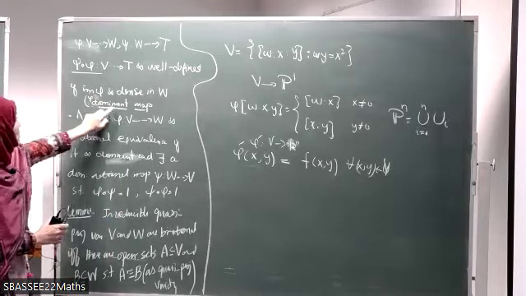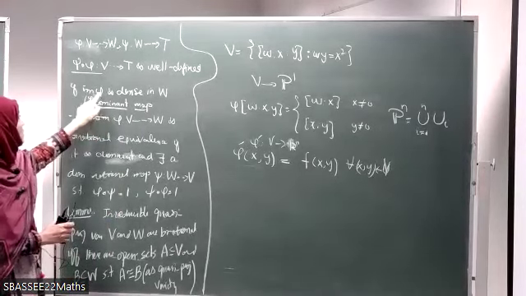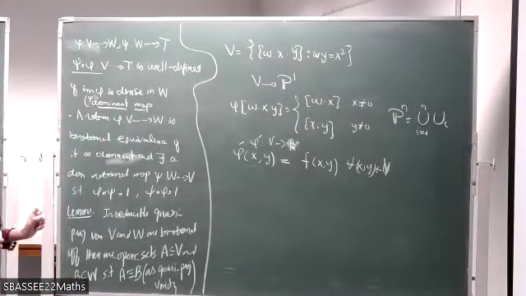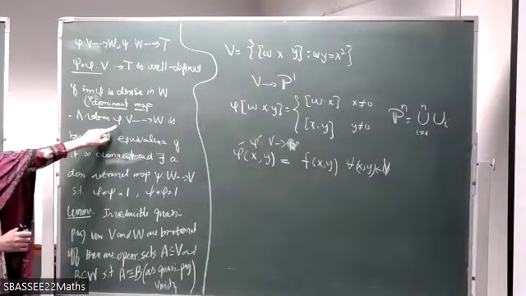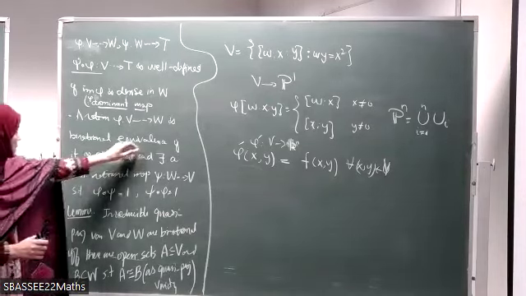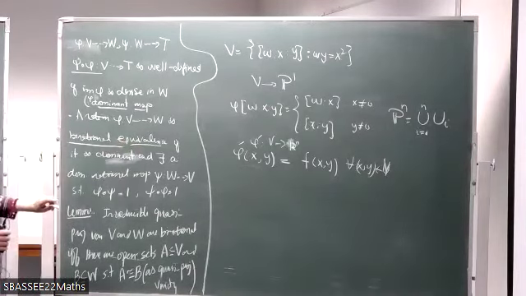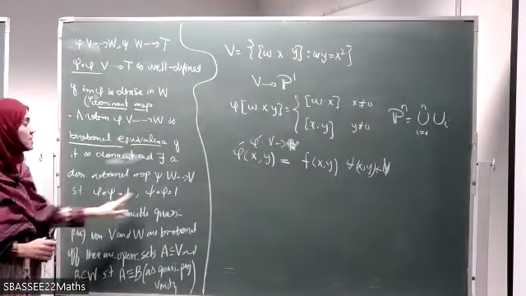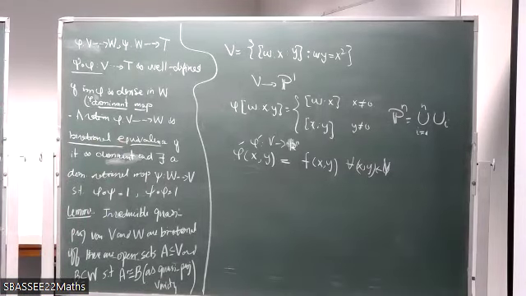Such a map, for which the image is dense in W, is called a dominant map. If you have phi and psi, two dominant maps, then phi is called birational if they are inverses of each other. And there is a very nice lemma.